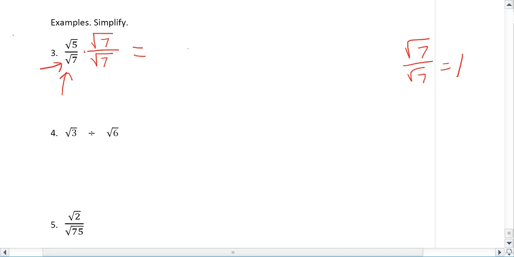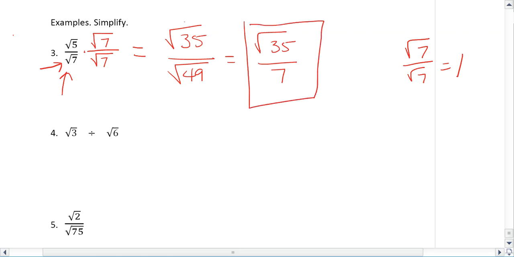Square root 5 times square root 7 is square root 35. Square root 7 times square root 7 is square root 49. And ta-da, we made it. We made a perfect square. And that is, square root 49 is 7. So there is the simplified form of our original fraction. And it's simplified because there is not a radical in the denominator.